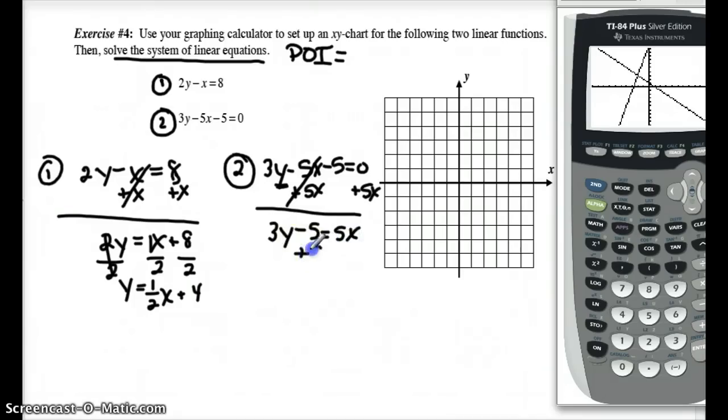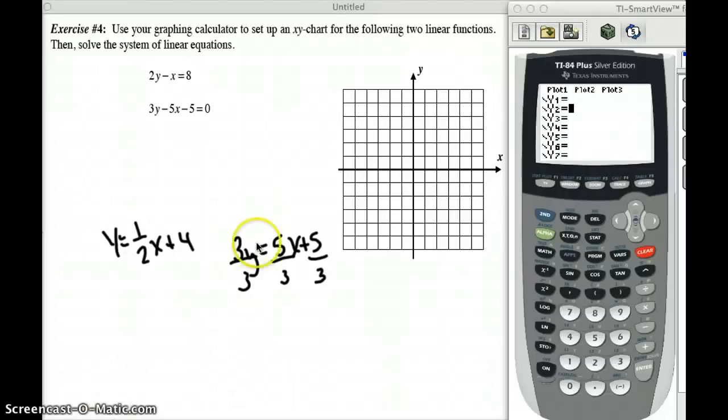I'm going to add 5 to both sides. And I get 3y equals 5x plus 5. And now I still have this 3 attached to y, so I'm going to divide by 3 everywhere. Okay, so we're going to divide the 3's, and we get y equals 5/3 x plus 5/3.